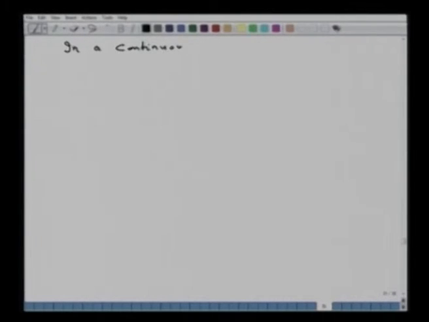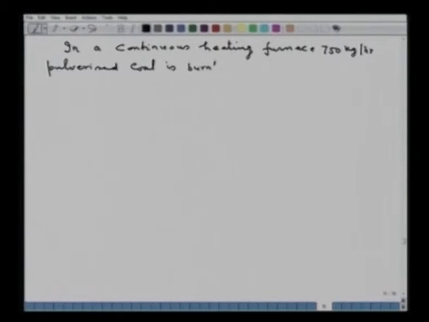In a continuous heating furnace, 750 kg per hour pulverized coal is burnt with 3% moisture, and the following ultimate analysis.